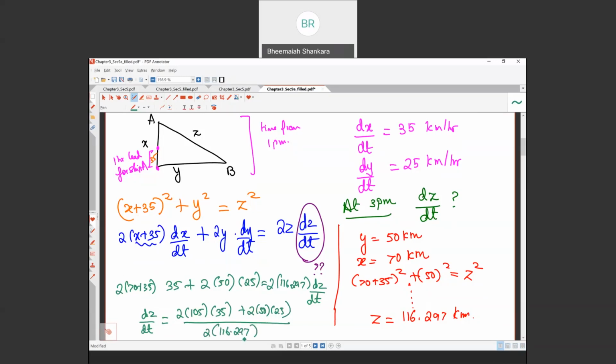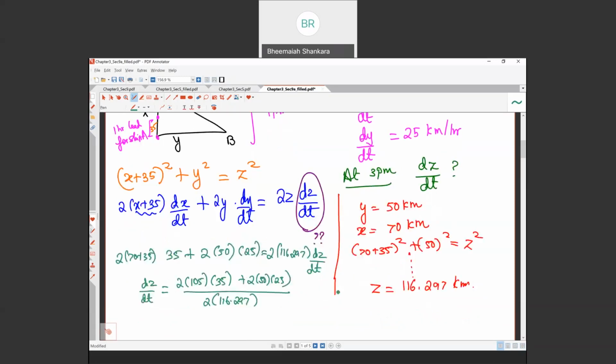So with all this, we have this rate of change for the distance between the two ships, 42.35 kilometers per hour. So the tricky part in this problem is applying the implicit differentiation correctly and also analyzing these x and y values from the given data.